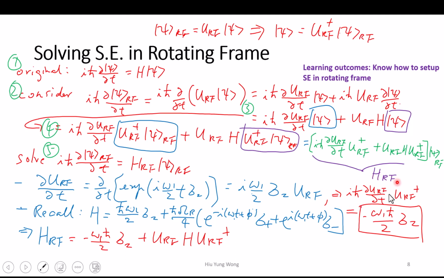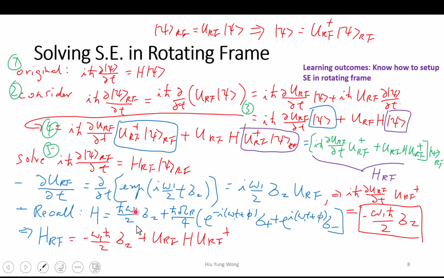What is H_RF? Let's look at this. H_RF equals this term plus this term, is that okay? And what is this term? We proved that it is negative ω_1 ħ/2 σ_z. So this is here already. Only this H part we need to transform.